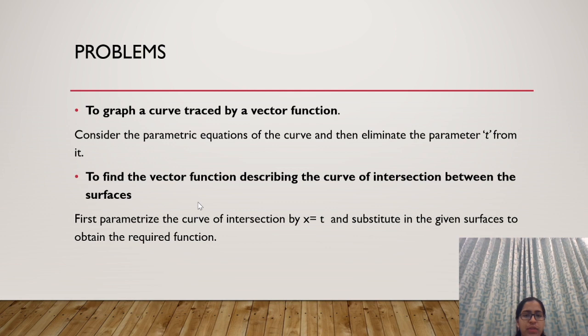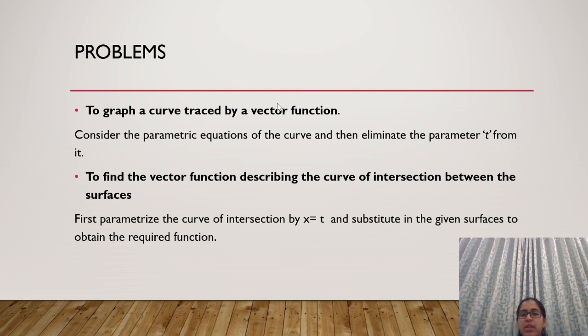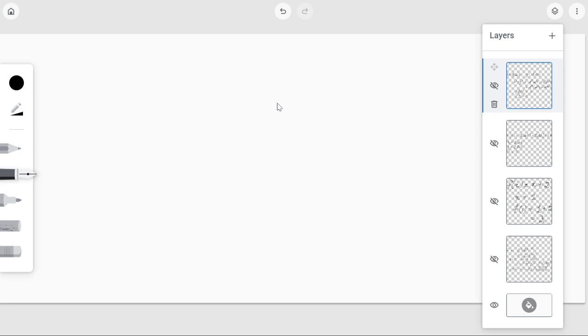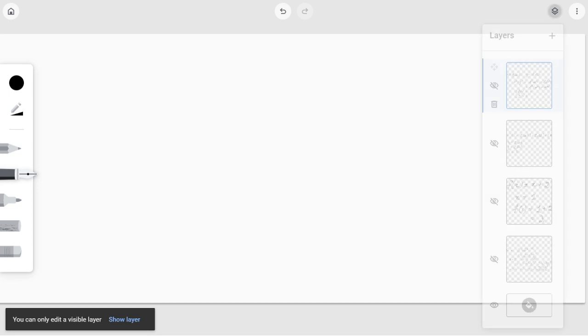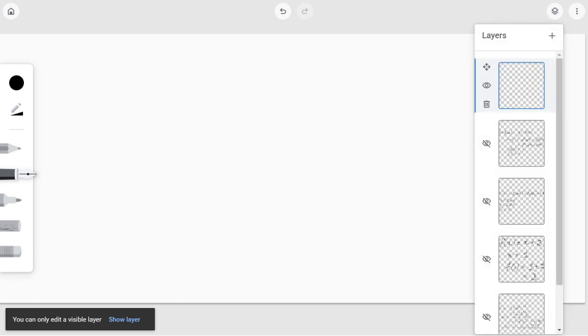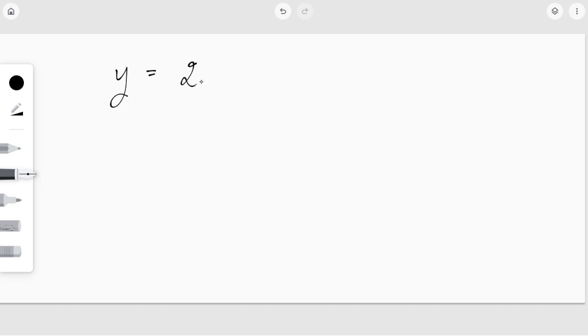Now if we see example 3 in your textbook, we must find the vector function which describes the curve C of intersection of the plane y equal to 2x and the paraboloid z is equal to 9 minus x square minus y square.